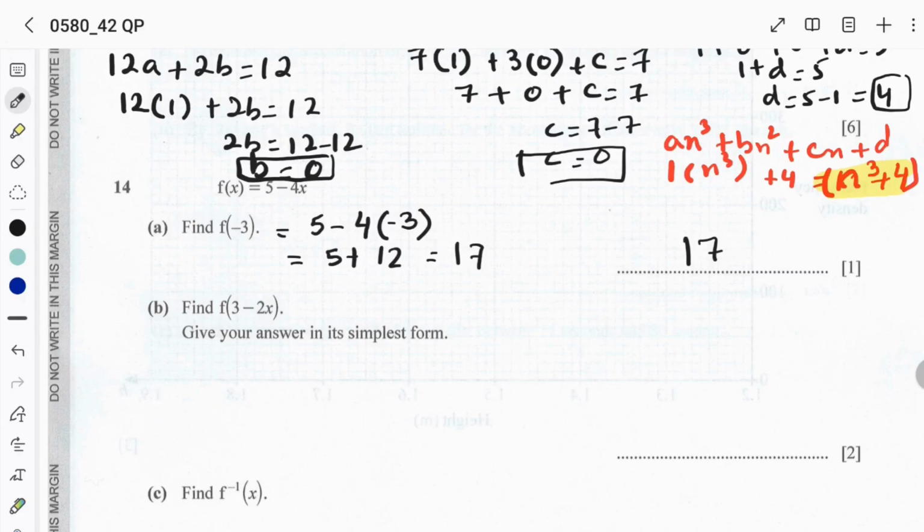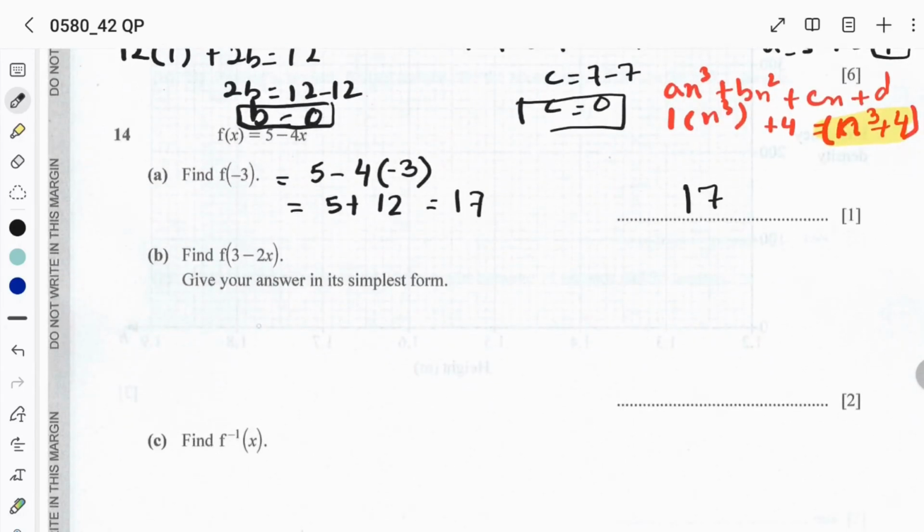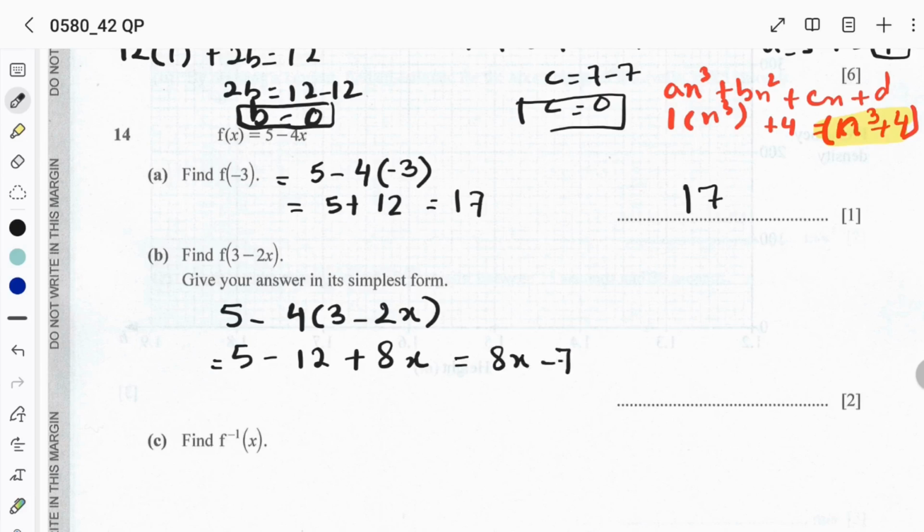So here you put 3 minus 2x in place of x. f(3 minus 2x) is 5 minus 4 times 3 minus 2x, which is equal to 5 minus 12 plus 8x. So that is 8x minus 7.